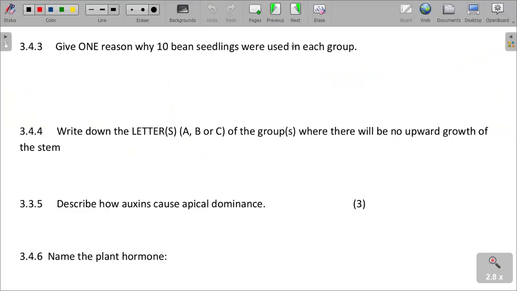And then give one reason why 10 bean seedlings was used in each group. You remember to say, in terms of this is just 10 beans, it is the size of sample.